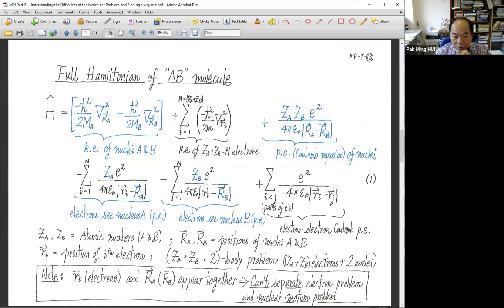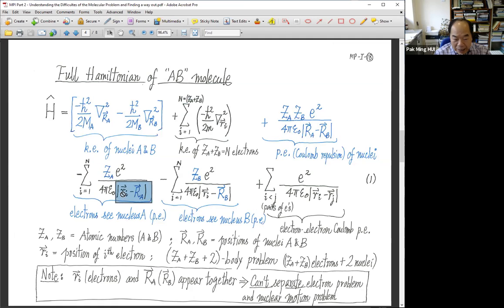Every electron, now I use N to represent the total number of electrons. Every electron will see nucleus A, okay? It is attractive. It is Coulombic, okay?